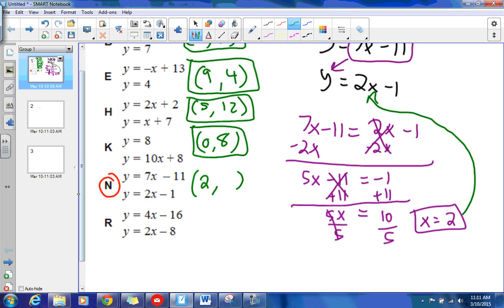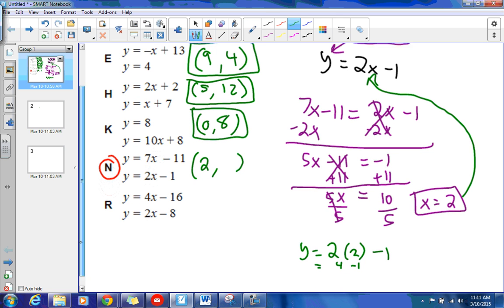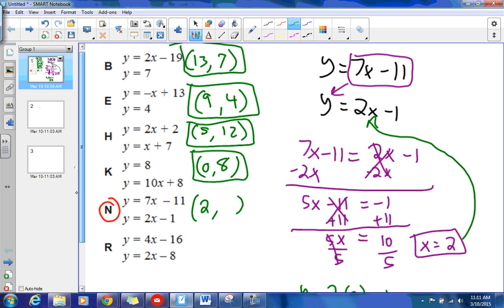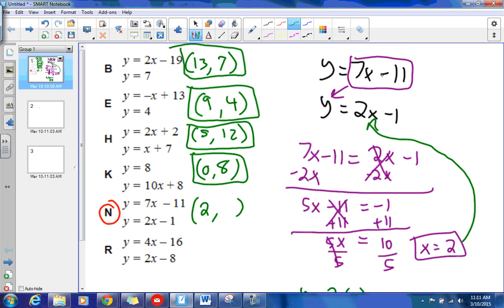So instead of y equals 2x minus 1, we'll have y equals 2 times 2 minus 1, which is equal to 4 minus 1, or y equals 3. And you can check that by plugging in for the top one as well, and it would be 7 times 2, which is 14, minus 11, which is also 3. So we have our y value of 3.